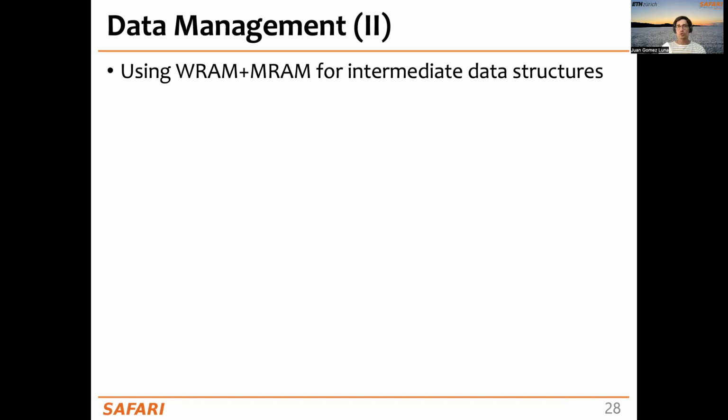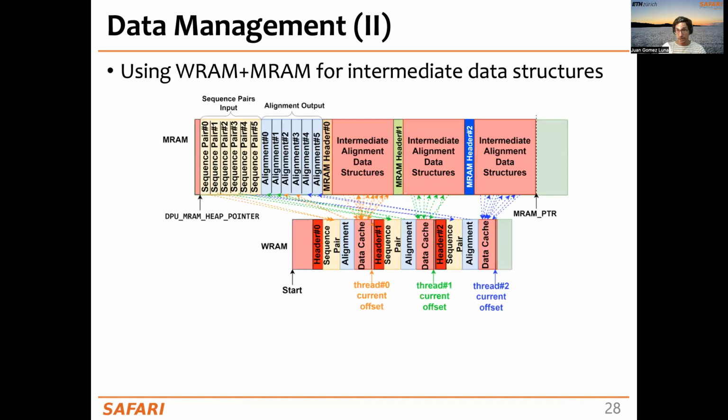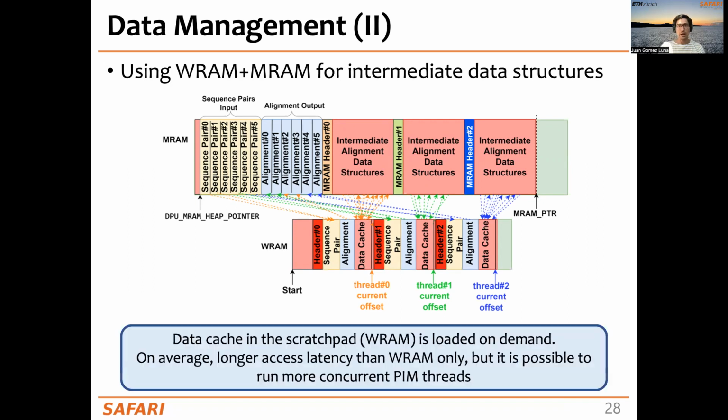To alleviate that situation, we can use another way of managing the intermediate data structures that combines the use of WRAM and MRAM. In this case, the intermediate data structures reside in MRAM, but we use the WRAM as a data cache. This data cache is in the scratchpad and is loaded on demand.